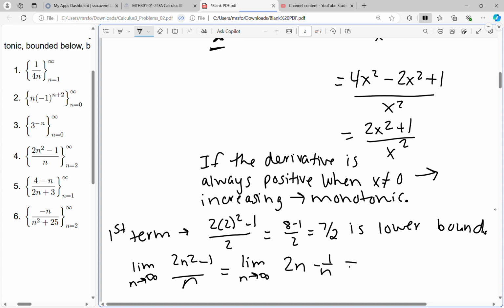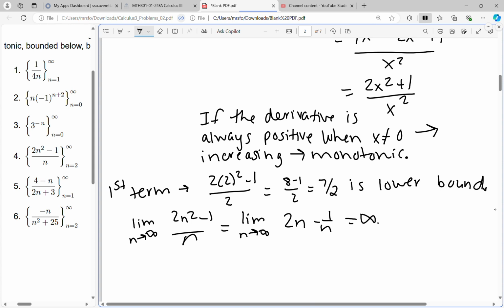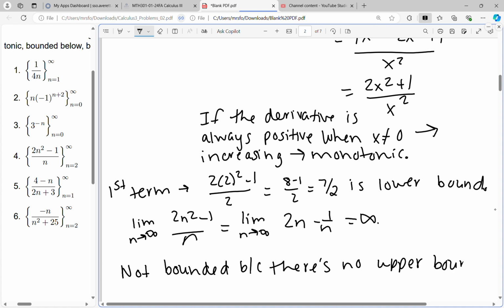When I take the limit, that's going to be infinity minus 0, which is infinity. Just be reminded that if it approaches infinity, that means there is no upper bound. Not bounded, because there's no upper bound. There is a lower bound, but there is no upper bound, therefore it's not bounded.